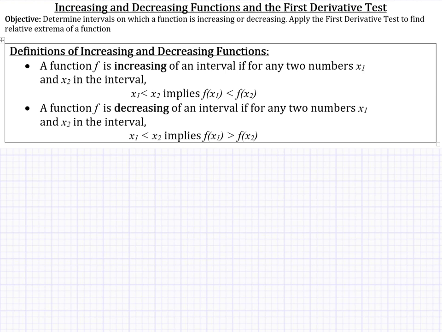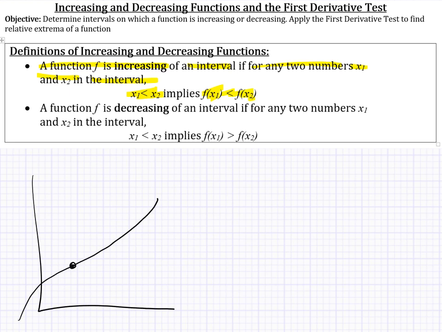The definition of an increasing function is that we say a function f is increasing on some interval if for any two x1s and x2s in that interval where x1 is less than x2, f of x1 is also less than f of x2. You should know that increasing means going up from left to right. Well, if I'm going up from left to right and I think of 2 points on that graph, here's one x value, here's the other x value, so x1 and x2. x1 is clearly less than x2 because it's to the left.